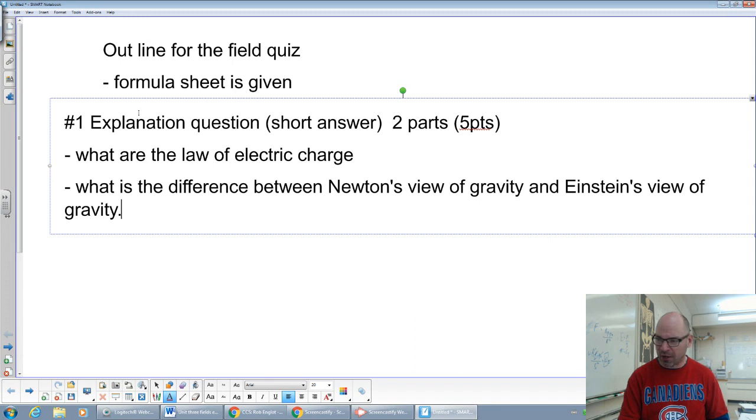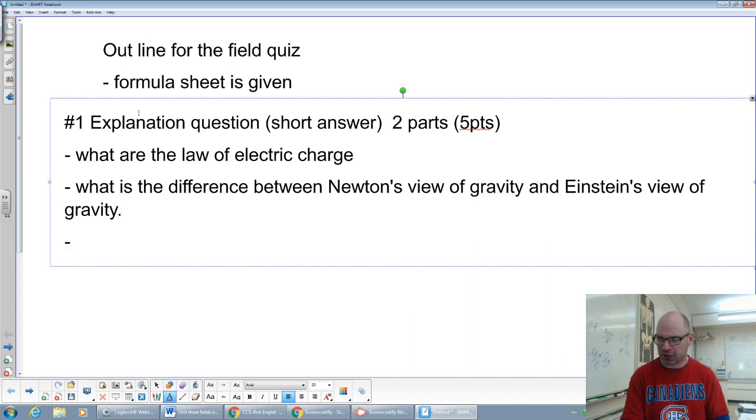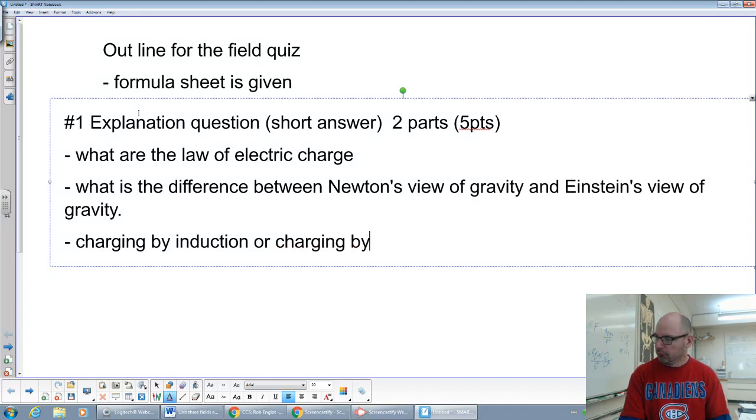Okay, we also might have charging by induction and charging by contact. When you're charging by induction, you have a charged rod or object and a neutral object like an electroscope.